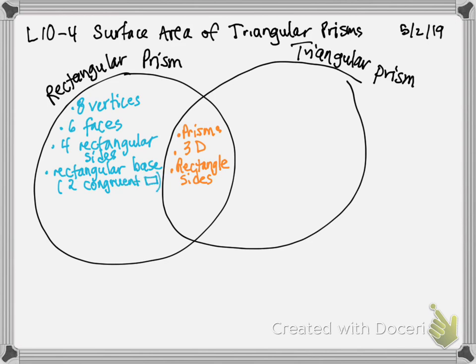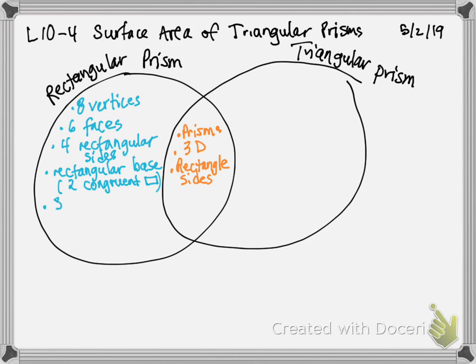rectangles. Okay, let's see. And then there's, when we were looking at dimensions, we had 3 sets of congruent sides. So that meant we had a front and a back that were the same, a top and a bottom that were the same, and we had 2 sides that were the same.